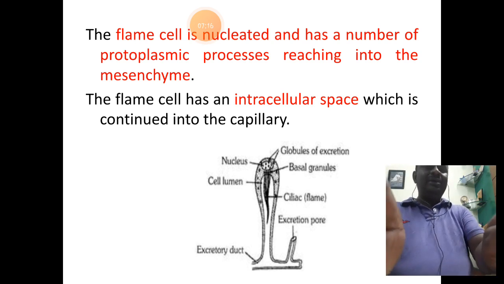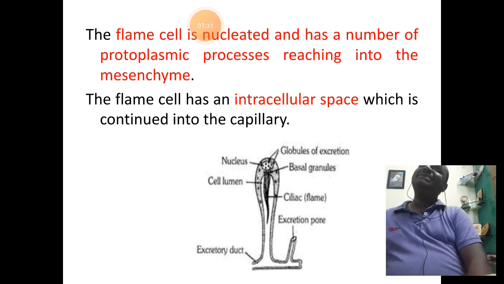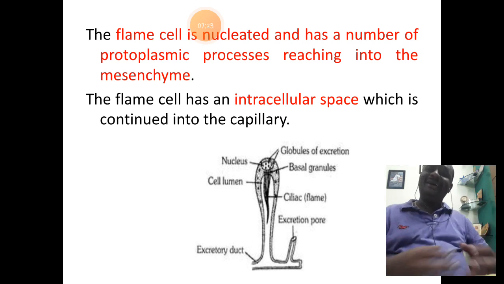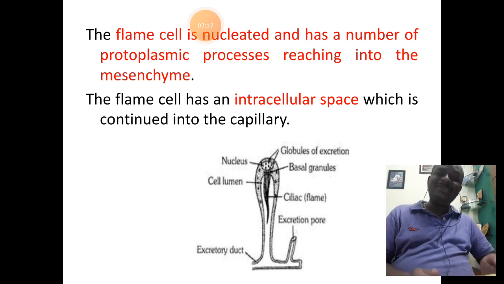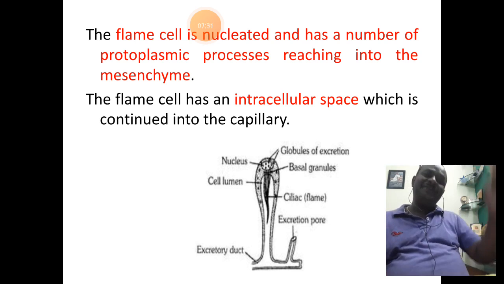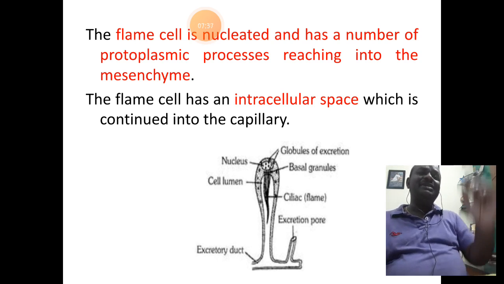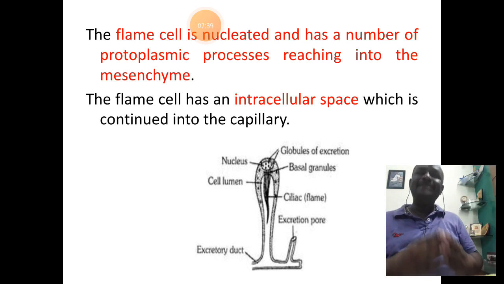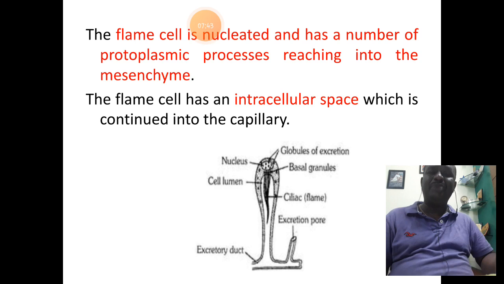Now, this waste within the cytoplasm or protoplasm of the solenocyte or flame cell, when it reaches the center, you find there is a space in the cell. You can find here in the diagram a central cavity. That cavity present at the center of the cell is called the intracellular cavity or intracellular space.